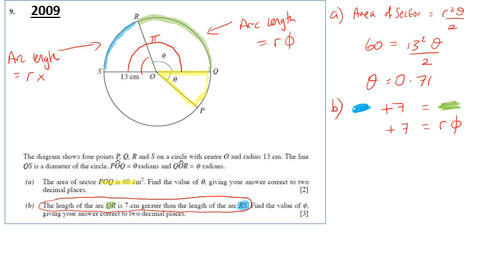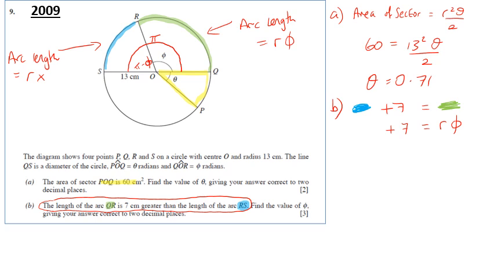So if I took the phi away from the half a circle, it would give me this little angle that I want. So this little angle in here is going to be pi take away phi. It's like doing 180 degrees take away the angle that you're given in the question. But instead of 180, I'm going to write pi because I'm working in radians.